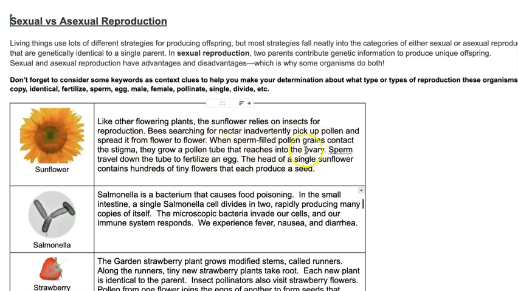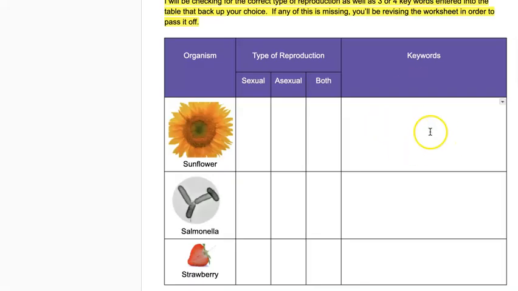We also can see ovary, that's a keyword. And fertilize and egg, right? So these are all keywords. I'm going to go ahead and come back here, and I'm going to type those keywords here. I'm going to put in sperm and pollen and egg and fertilize and ovary. These are all words that indicate that my sunflower here is a sexual reproducer.